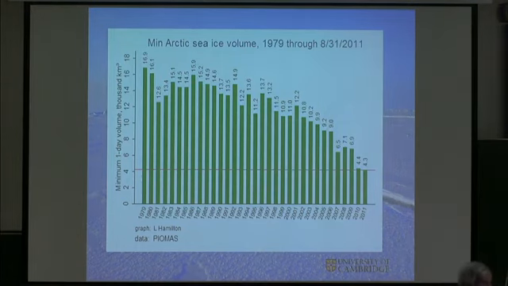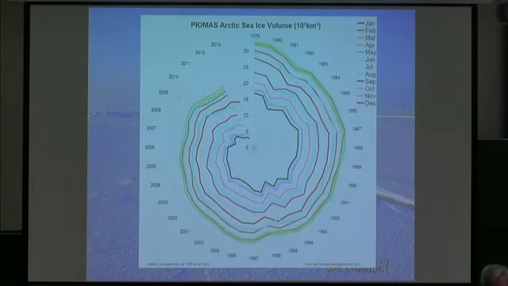Just quickly, what that means for thickness is that this decrease in mean thickness of Arctic ice, when you multiply it by the decrease in area, which can be pretty easily mapped from satellites, you get this decline. This is for summer, and you see a much more rapid decline, more than linear, for volume of ice as compared to area, which seems to be declining more or less linearly.